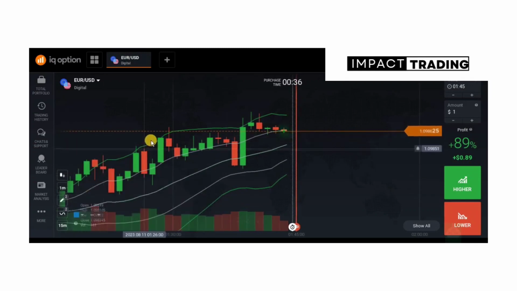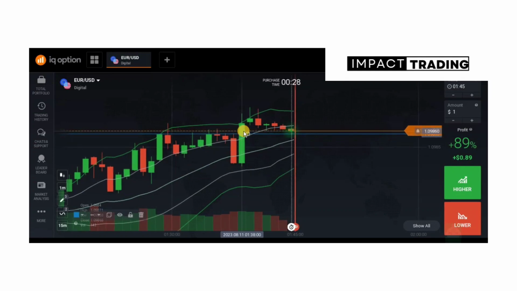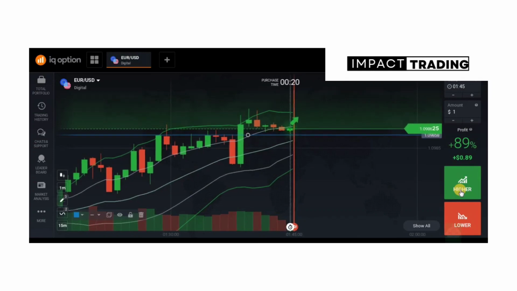You can see it's a breakout from this level, breakout with this bullish candle. Okay, let's wait.